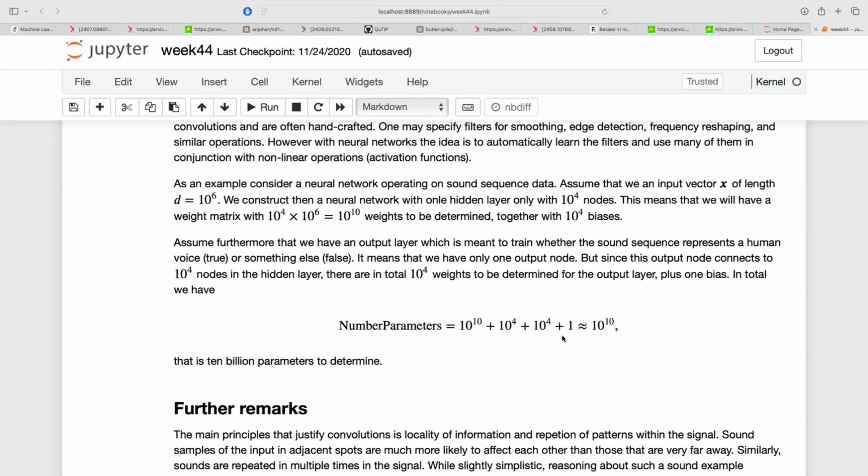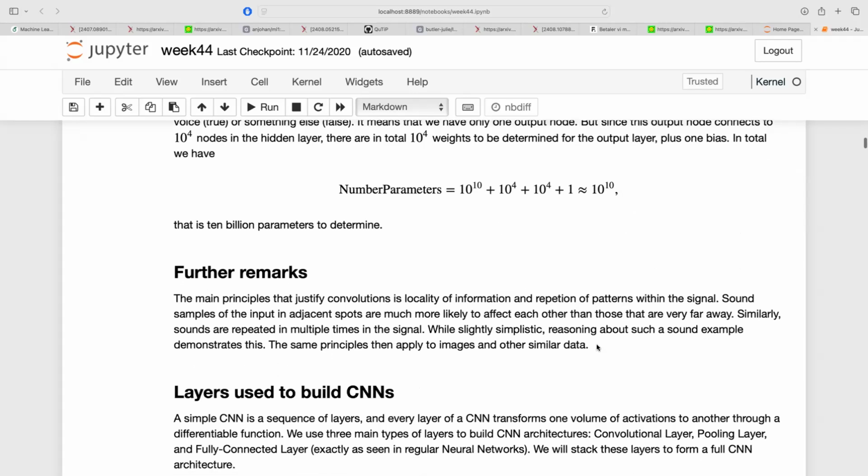So altogether, you have 10 to the 10th weights plus the biases in the hidden layer, plus the weights in the output, which link to just one output node, plus one bias. So this is roughly 10 to the 10th. This number of parameters is pretty huge.